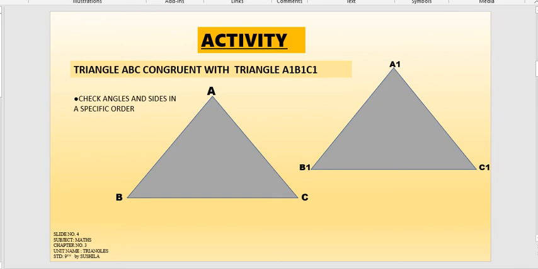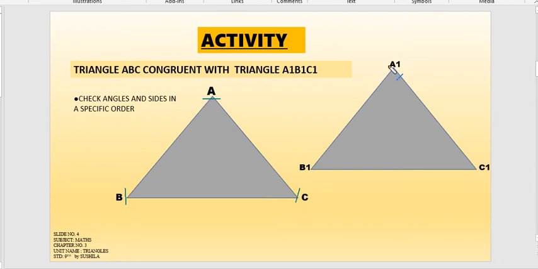So listen carefully. Here triangle ABC is given, with one point A, one point B and one point C.